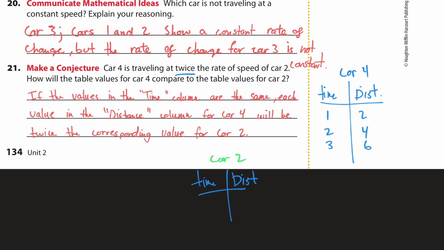This is kind of a messed up thing, but if time would be 1 to 1, 2 to 2, 3 to 3, and so on, basically these values in car 4 would be twice the values of car 2, right? So double the 2, double the 3, and so on. So that's what you got to know about this lesson, 4.3 on rates of change or proportional relationships and their graphs and so on. And that's it. Thanks for watching.